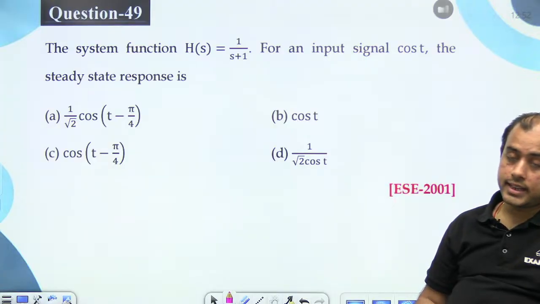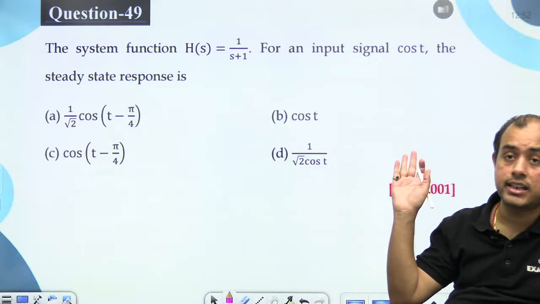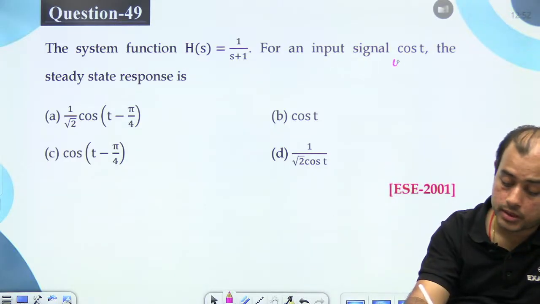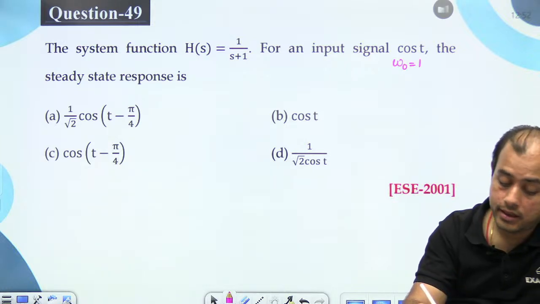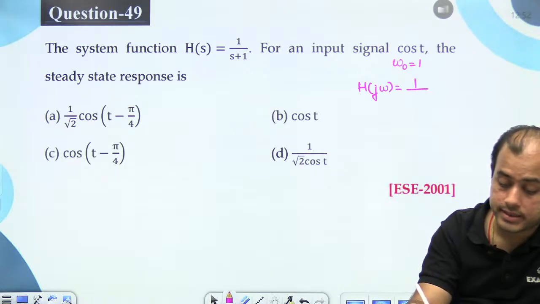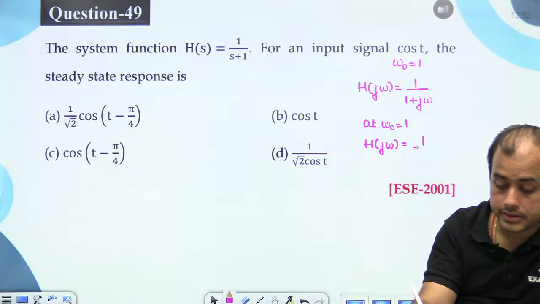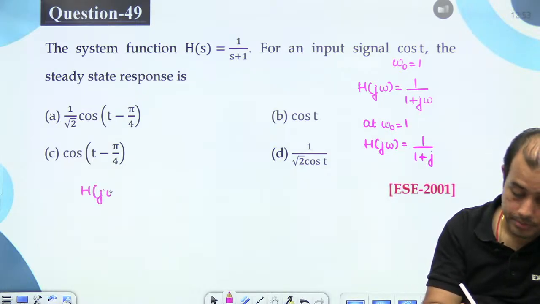For an input signal cos t, the steady state response is. Now this is a very standard problem where we find the output due to a sinusoidal input. So for sinusoidal signal, instead of Laplace, we use the Fourier transform. So we replace S by j omega. H j omega is 1 by 1 plus j. Now convert this to polar form.